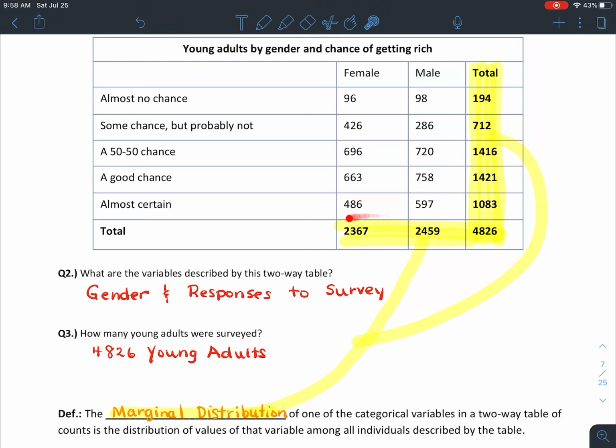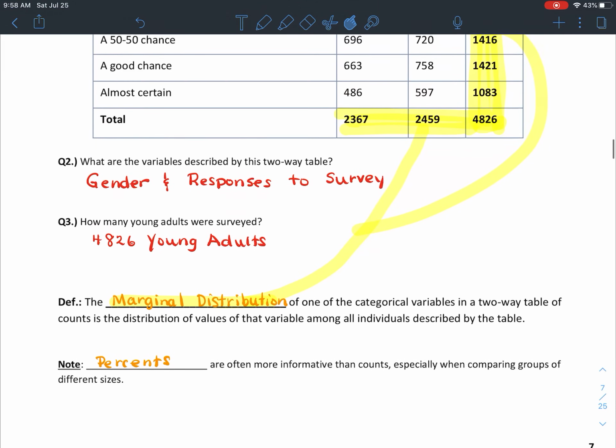So it's either these totals, which are referring to the gender categorical variable, or it's these totals, which are referring to the responses to the survey, okay? So it's one of the categorical variables in a two-way table of counts, and it's the distribution of the values of that variable among all the individuals described in the table, okay?